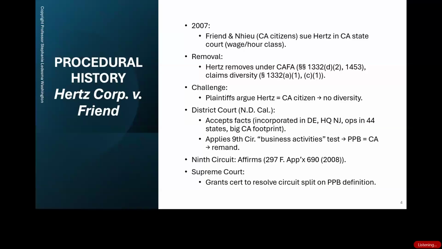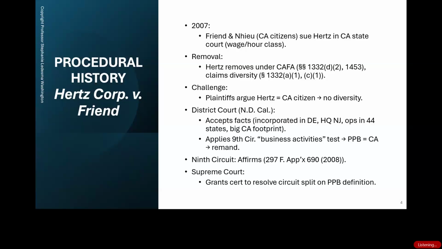And the logistics are this: if you are a defendant and if you believe that it is to your strategic advantage to have your case heard in a federal tribunal, you have to make sure that the case could have been filed in the federal tribunal initially.